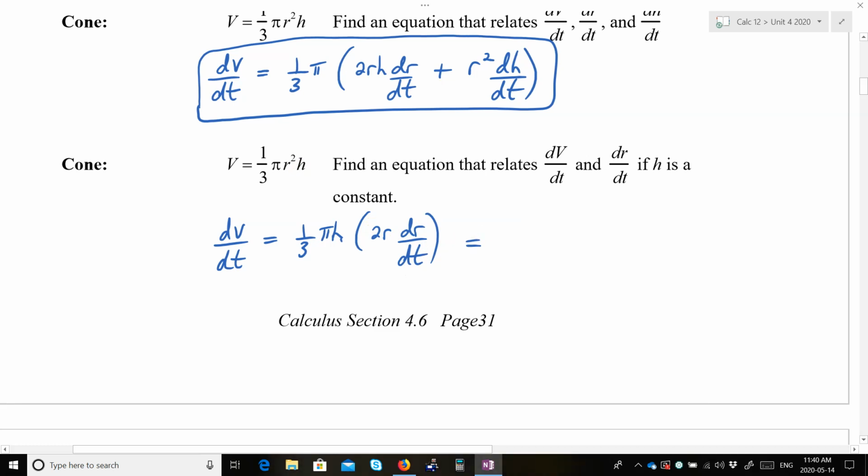Okay, so we've got 2 times 1/3 is 2/3, and then we have pi r h dr/dt.